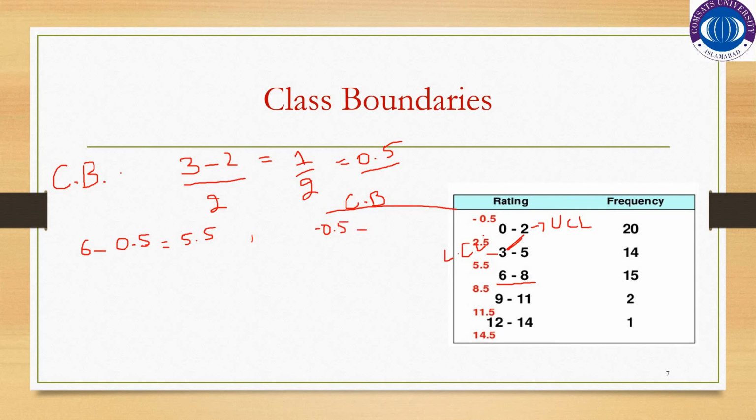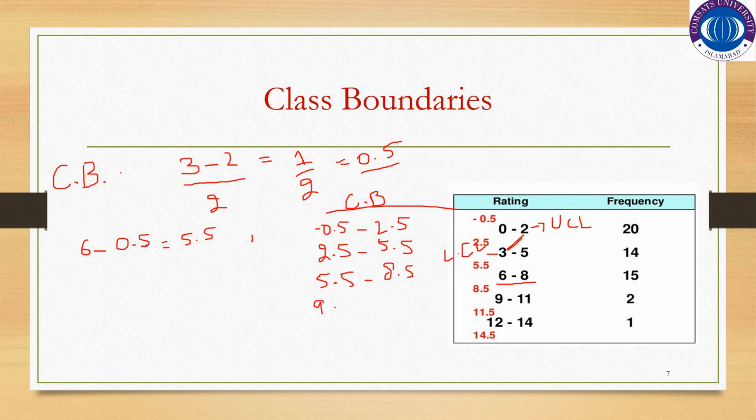And when we add this to the upper limit, it will be 2.5. Subtracted from 3, we will get 2.5 minus 5.5. For the third class, we have 5.5 to 8.5.